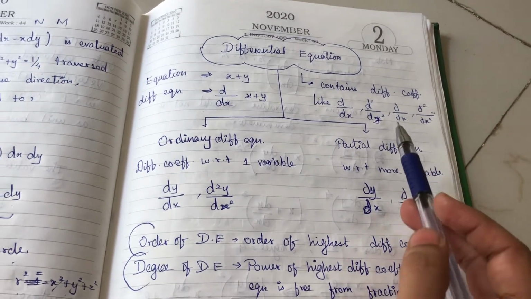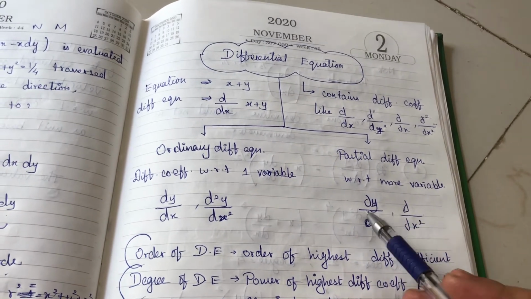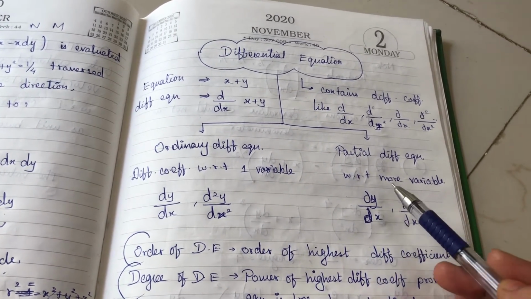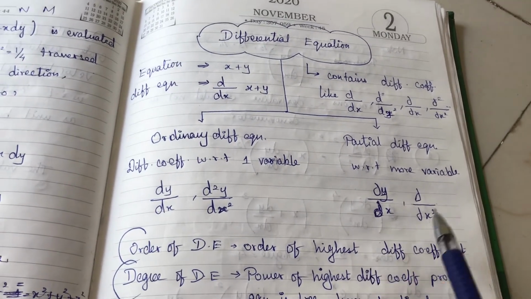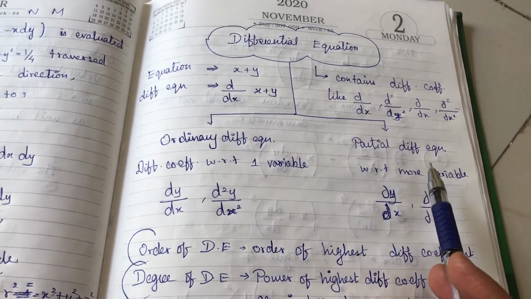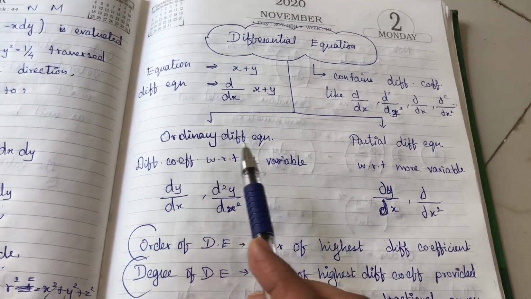So we can use dou by dou x for x, y, z, for more variables, right? If it is dou, it will be a partial differential equation. If it is d, it means ordinary differential equation.